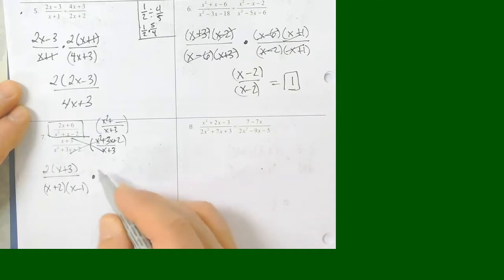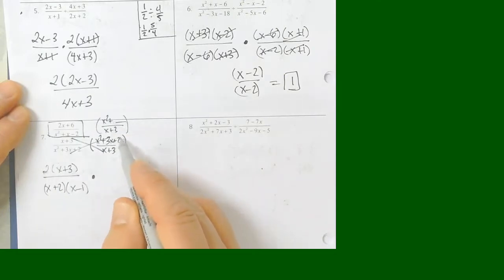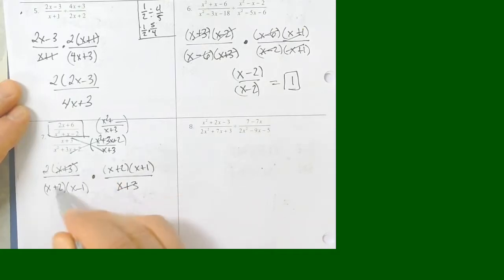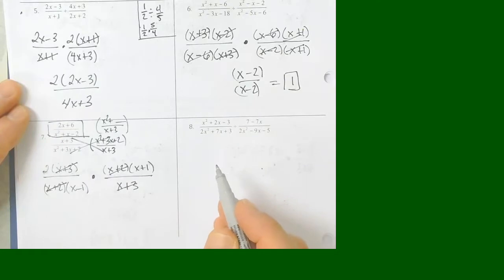So x squared plus 3x plus 2 factors to x plus 2, x plus 1. My division has become multiplication, and x plus 3 will stay on the bottom. X plus 3's cancel, x plus 2's cancel, 2 times x plus 1 over x minus 1.